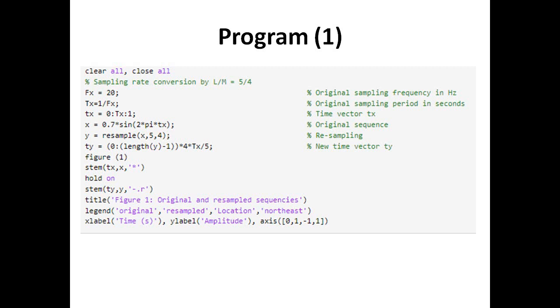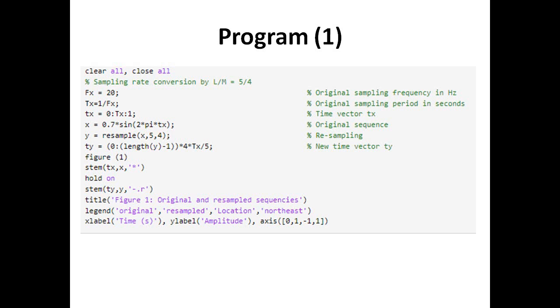And now we are going to plot the given time signal t of y. We need to see the vector at which the signal is going to be plotted. So what will be the length of y? The length is given by the rational factor of 5 by 4 along with the total number of the input sequence x.